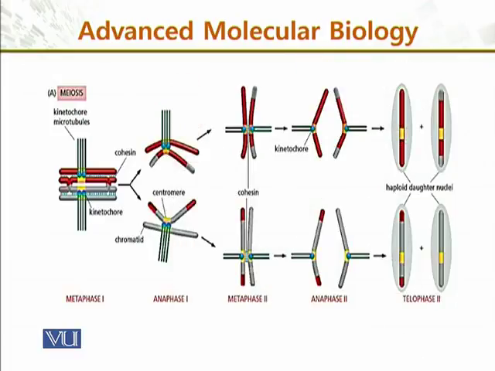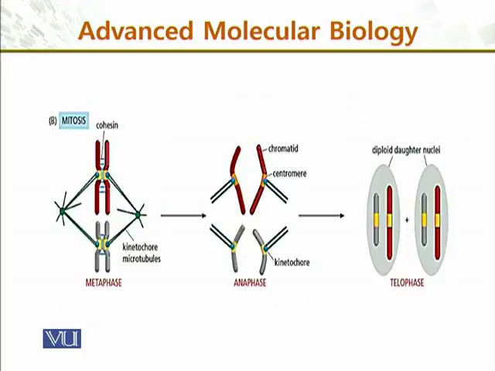Then, as we can see in this diagram, the chromosomes are separated, cohesion forces are removed, and then the chromatids separate altogether and segregate into the haploid daughter cells.